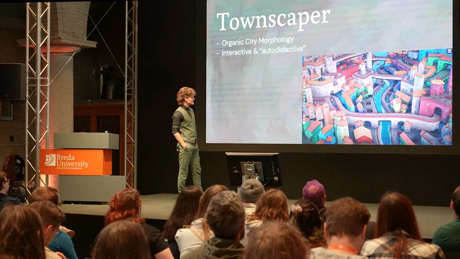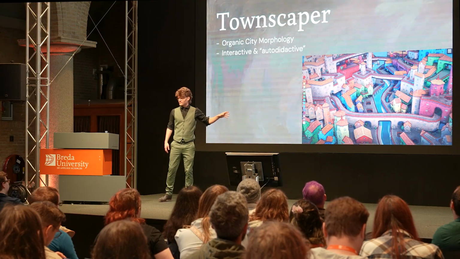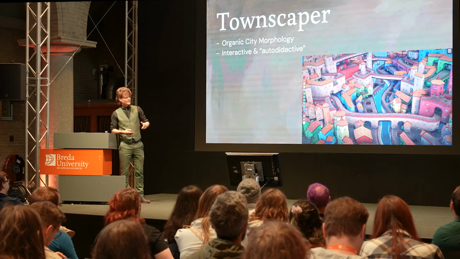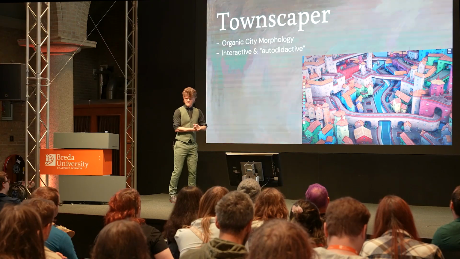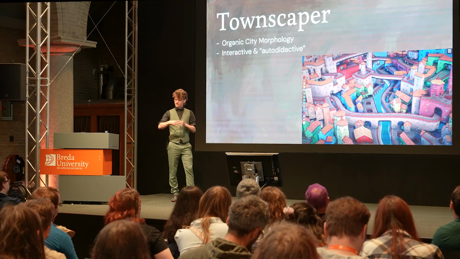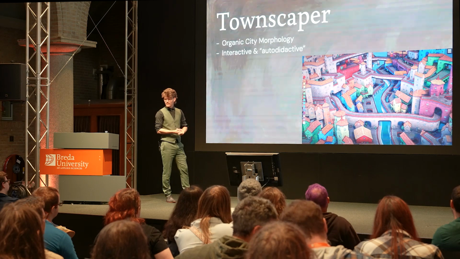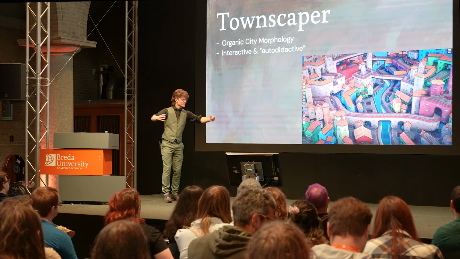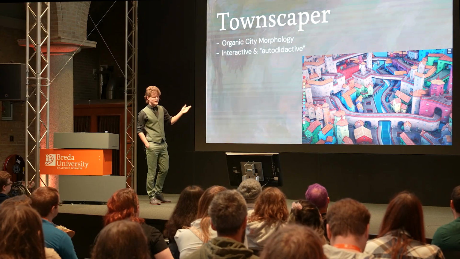It's actually remarkable how, by just toying around with this tool, you get a sense of something that city planners and architects have a really hard time articulating, which is the idea of city morphology. A city structure emerges around a river or maybe a mountainside, and somehow that has an effect that goes throughout the entire city. And while playing around with Townscaper, you get a feel for that.